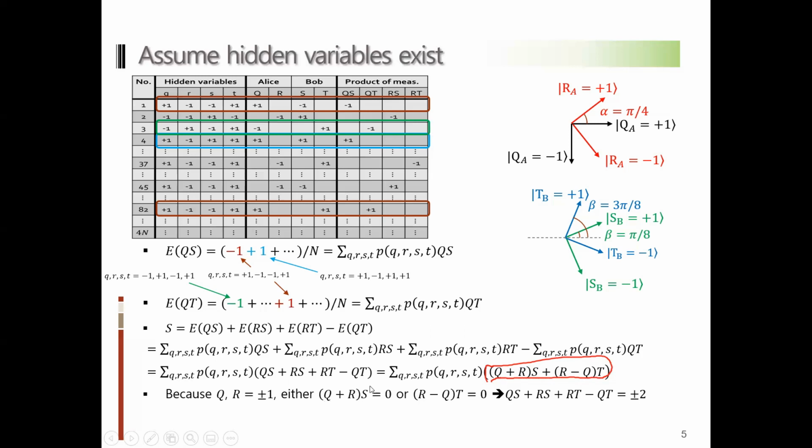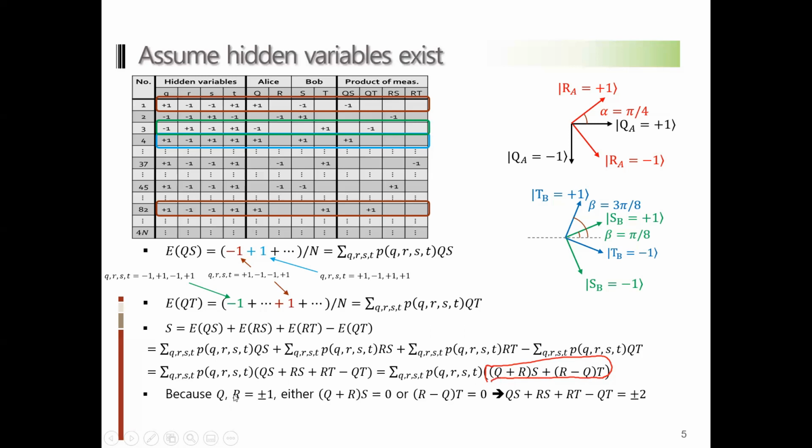We don't know the value of S, but S can only be +1 or -1. So the entire value can be only +2 or -2.